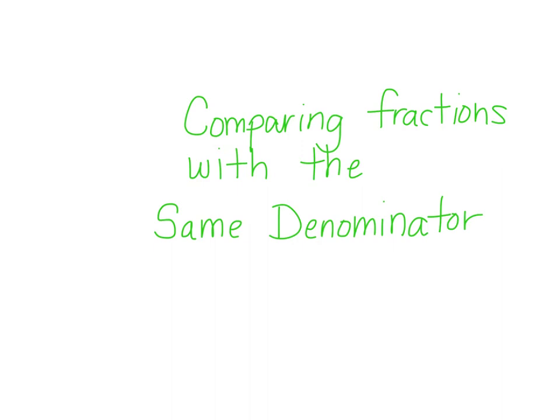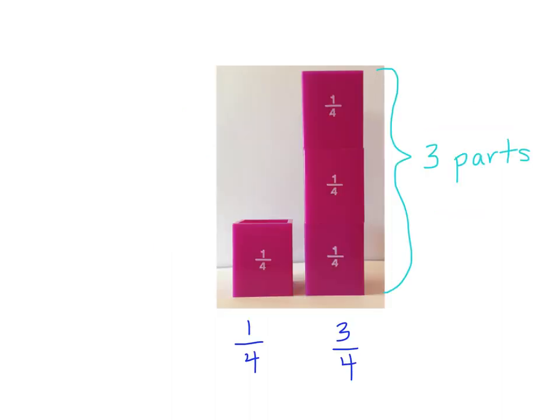So first we're going to start with the easier comparisons, comparing fractions with the same denominator. So that means that the bottom number will be the same in each of these comparisons. So you'll also notice with the little fraction tiles, the fraction stacks that I'm using, that I'm going to be using all the same color.